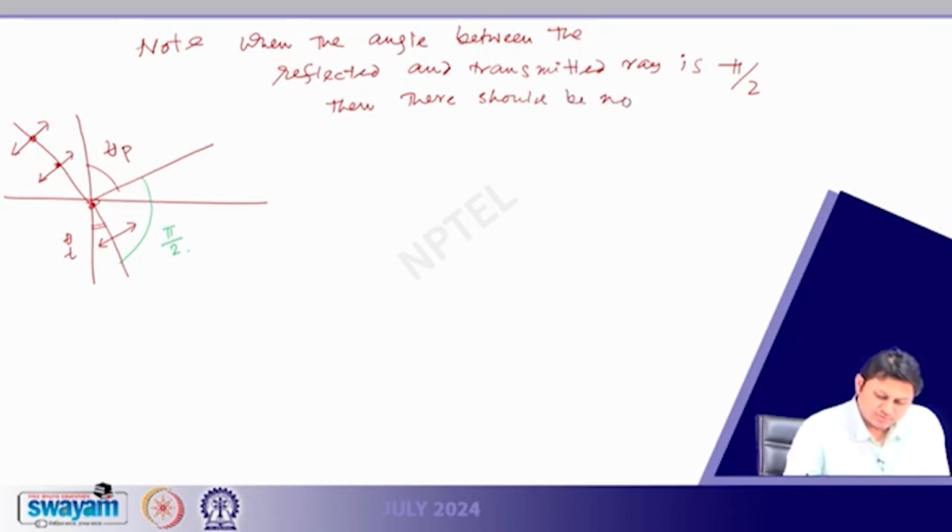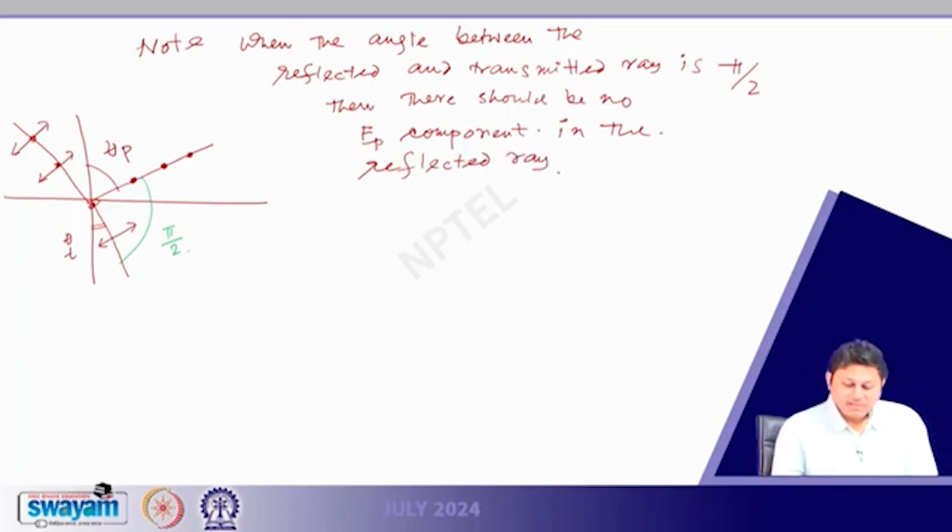Because this vibration was due to EP, there should be no EP component in the reflected ray.